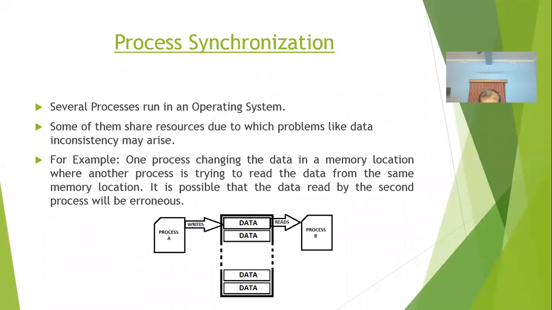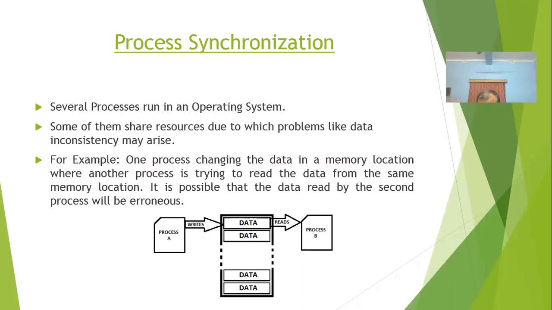Take an example: one process is changing the data in a memory location and another process is trying to read the same data at the same point of time. Then what will happen? When updating is going on, another entity can try to access that data, and definitely it will cause some sort of error.